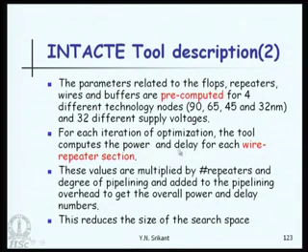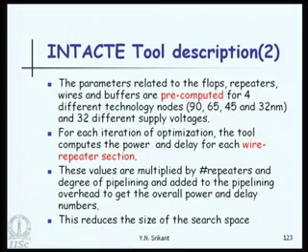For each iteration of the optimization, the tool computes the power and delay for each wire repeater section. These values are multiplied by the number of repeaters and the degree of pipelining and added to the pipelining overhead to get the overall power and delay numbers. We are assuming that they are all identical sections, so it is possible to just take them and add the powers.